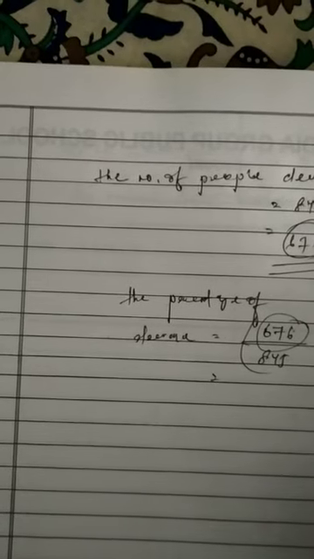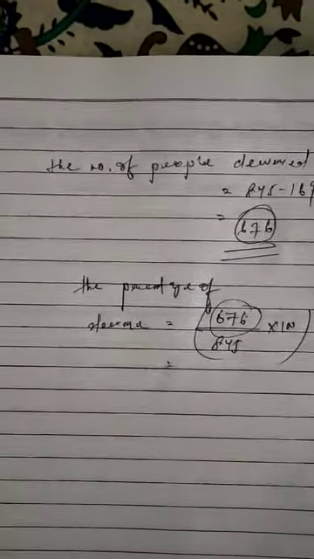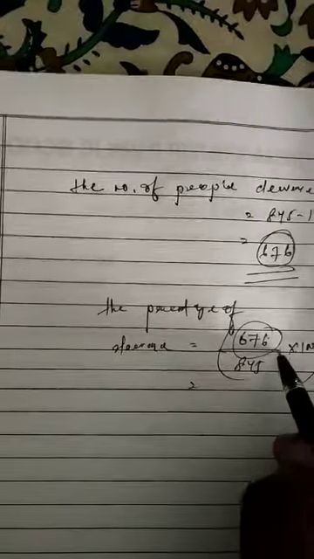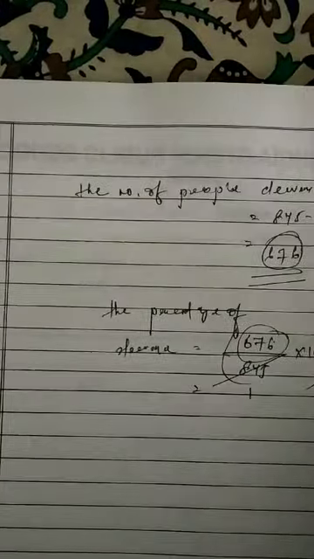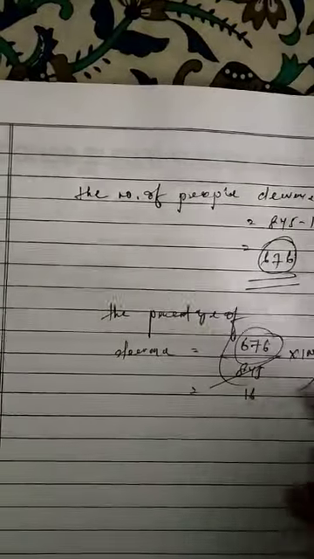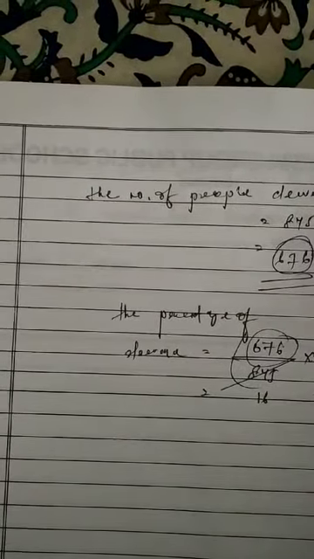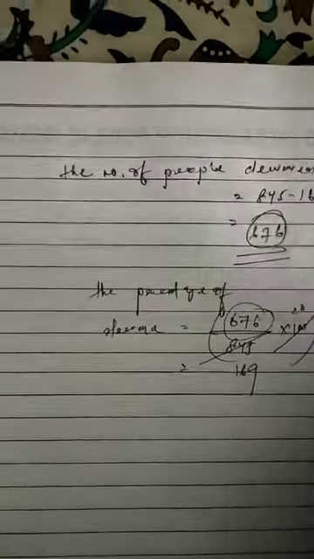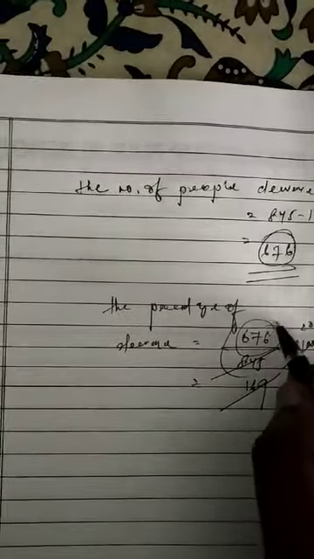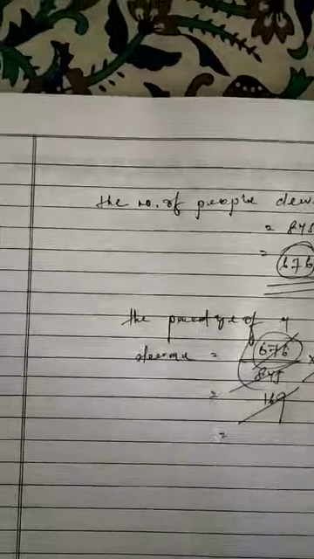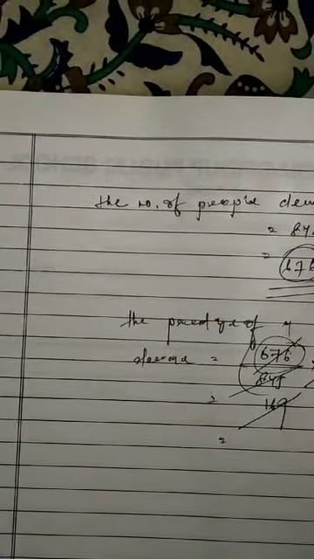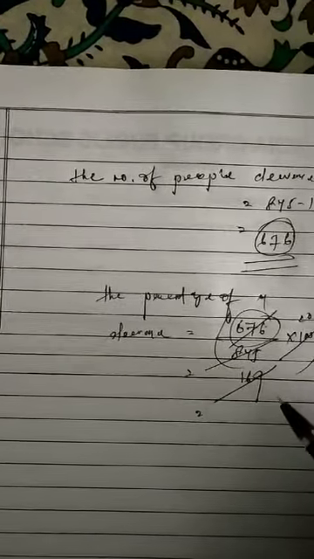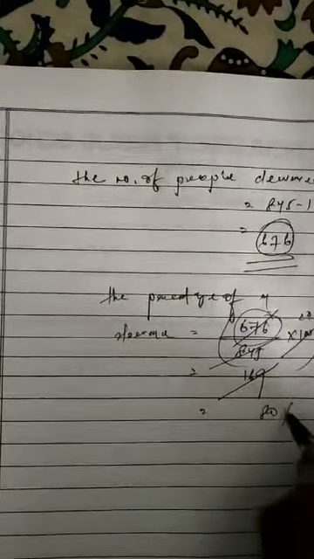I'll prefer to cancel it by 5. 5 ones are 5. 5 169s are 845. 5 20s are 100. 169 can be cancelled with 4. 4 into 169 is 676. 4 into 20 is 80%.